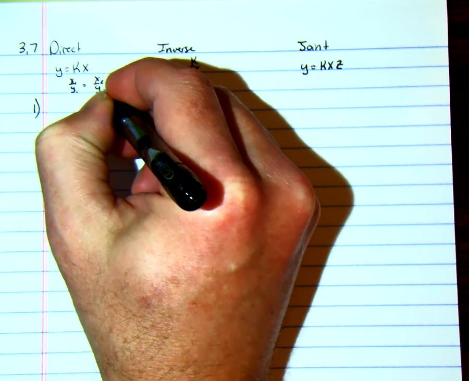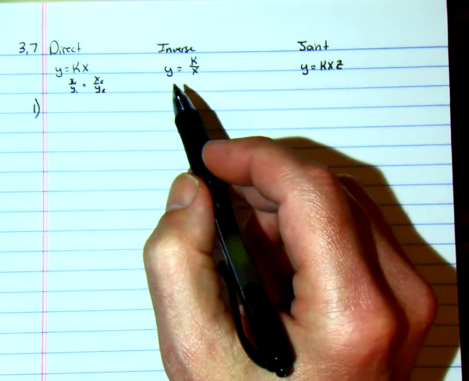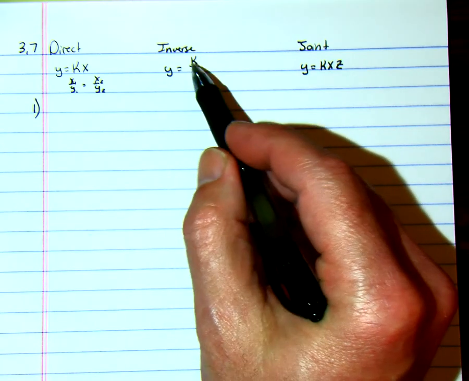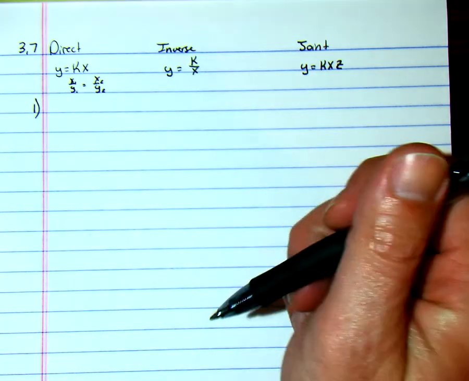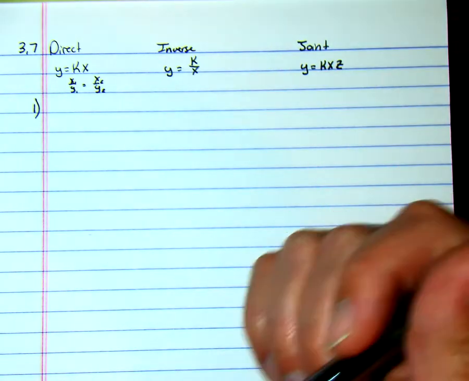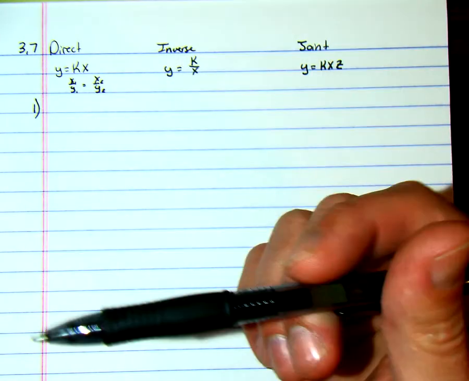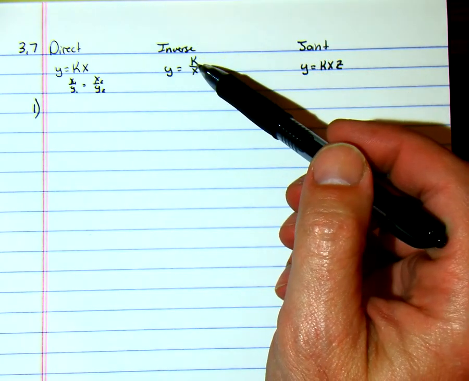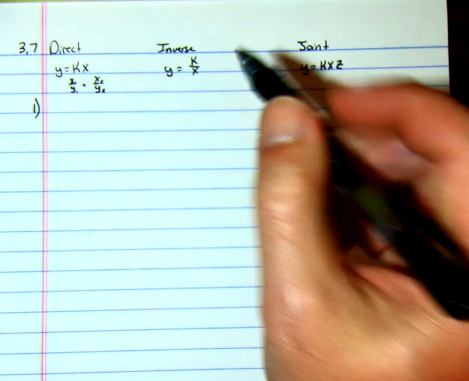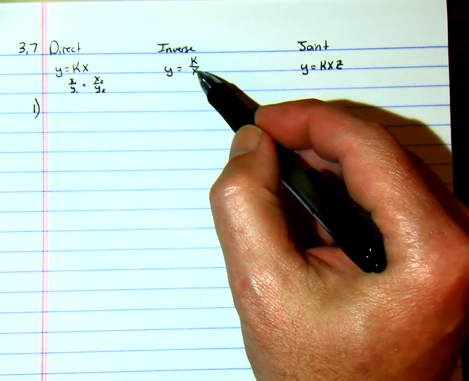Okay, if we're doing an inverse variation, that's when as one variable increases, the other one is going to decrease. So if I buy a $10 pizza, and if I only have myself eating it, it just costs me $10. If 2 people go in on the pizza, so let's say we have this $10 pizza, but now we're going to divide it 2 ways.